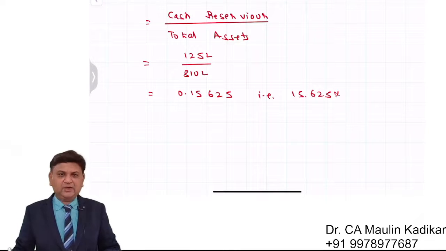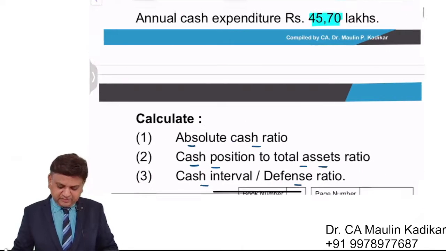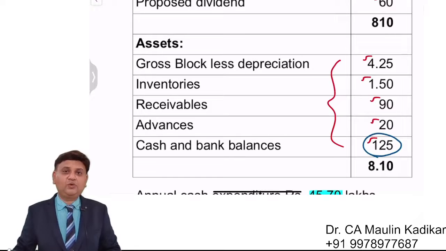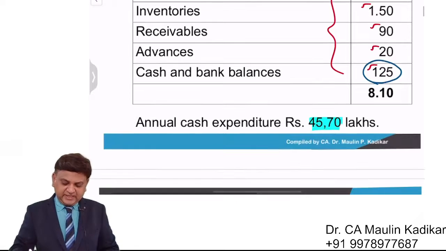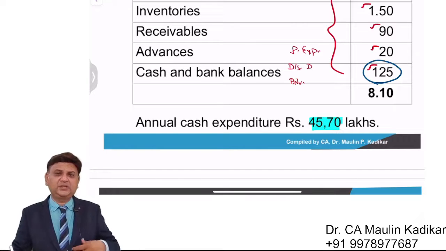One clarification that I want to give you, all of you must be aware, but still from my end: a number of times we are provided with the balance sheet of the old format, and in that case we may be provided with the preliminary expenses not written off, discount on issue of debentures not written off, deferred advertisement expenses, like that.